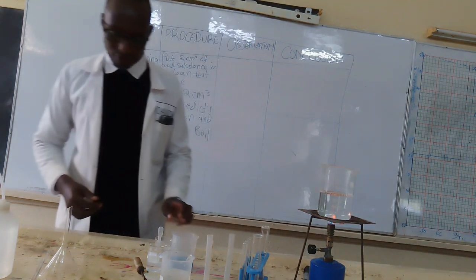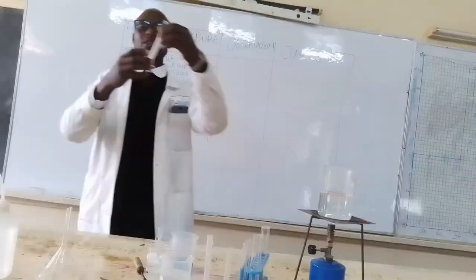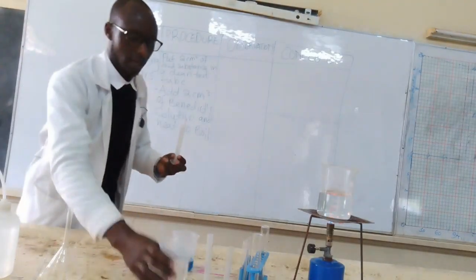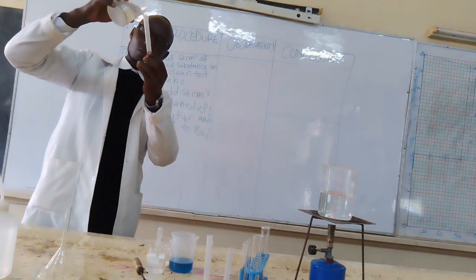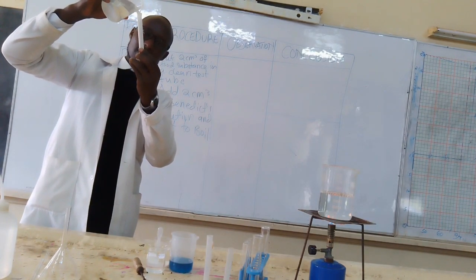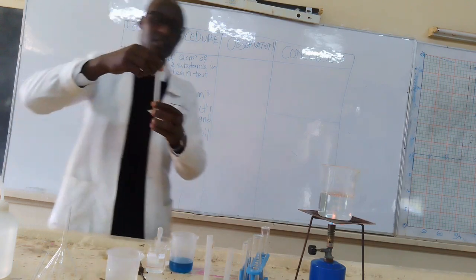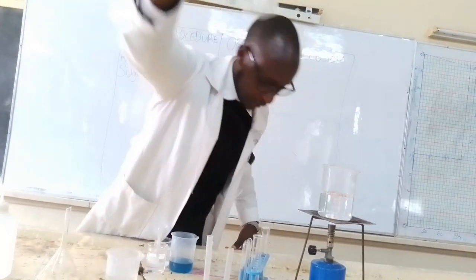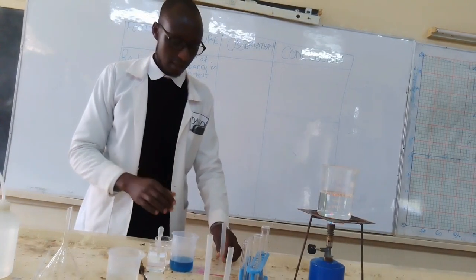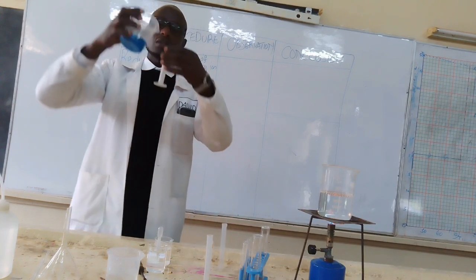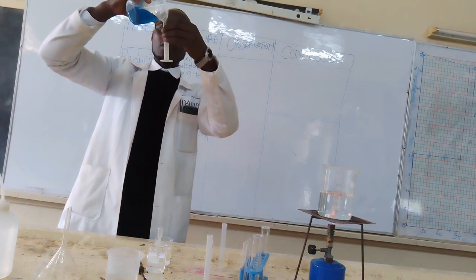So this is my measuring cylinder, 10 ml. I'm going to add about 2 cubic centimeters of the food substance. And then I measure another 2 cubic centimeters of Benedict solution.